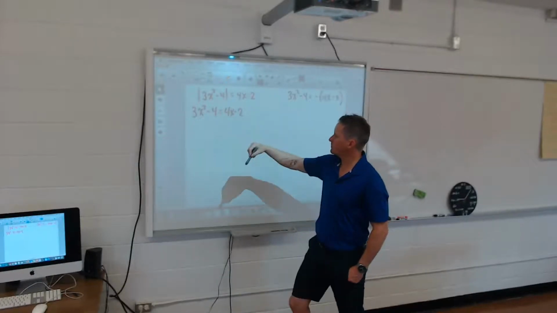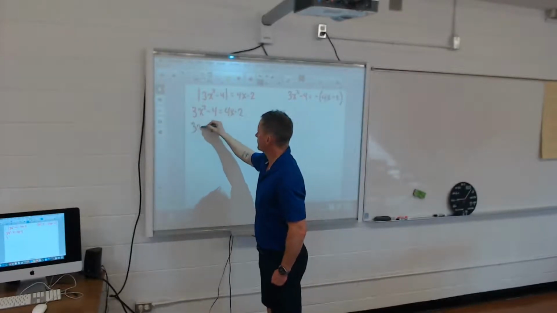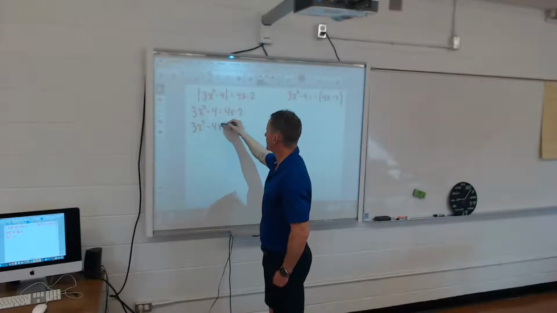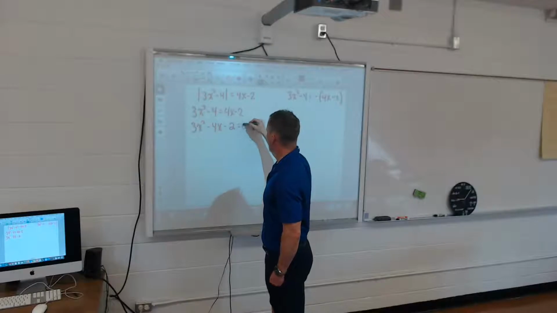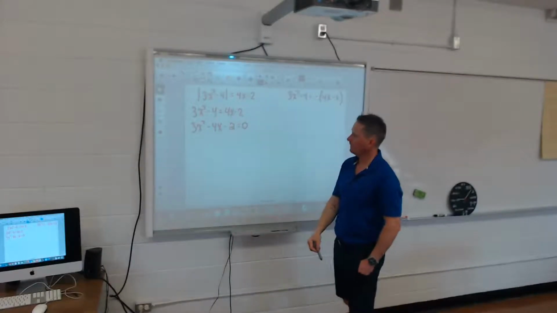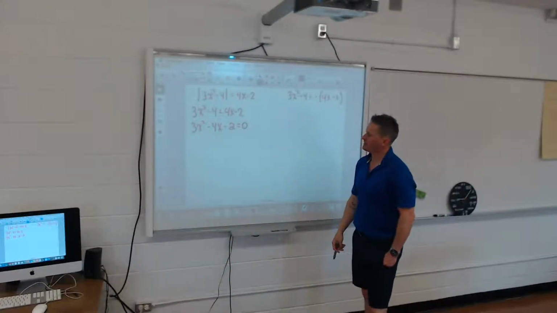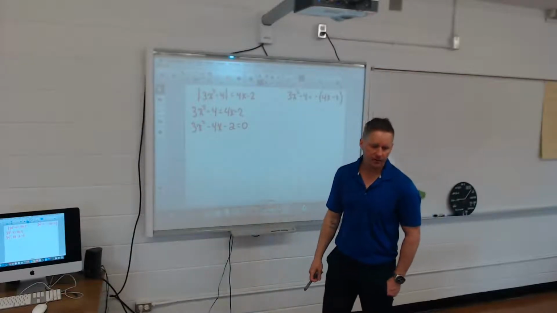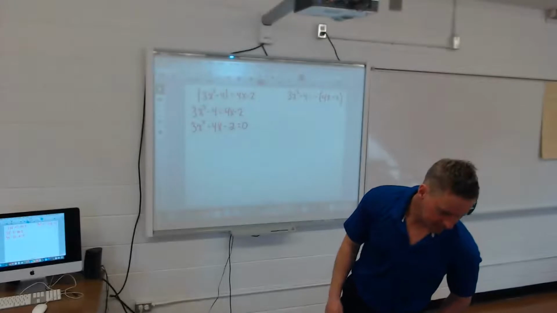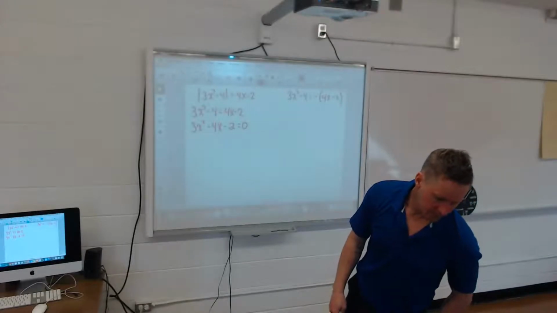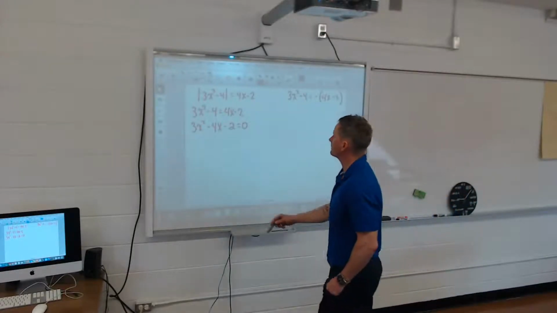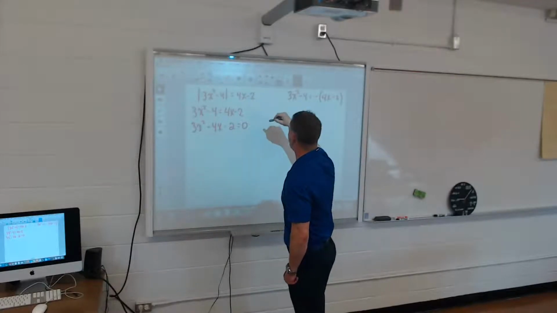We'll simplify this one first. 3x squared minus 4x minus 2 is equal to 0. So I have minus 6, and I don't think this guy is factorable. Oh, I got an error here. Sorry, I wrote the question wrong.